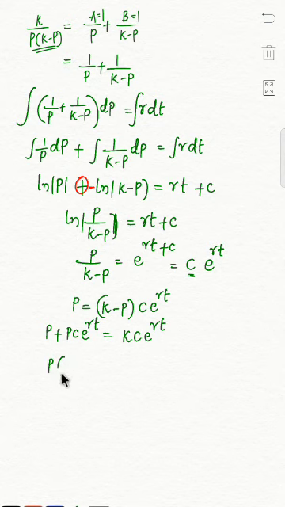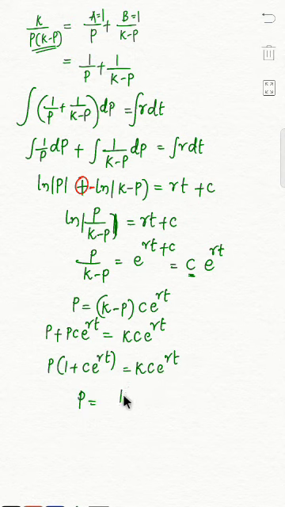So take the factor out, it becomes p into (1 plus c e power rt) equals kc e power rt. So p is equal to kc e power rt by (1 plus c e power rt), right?